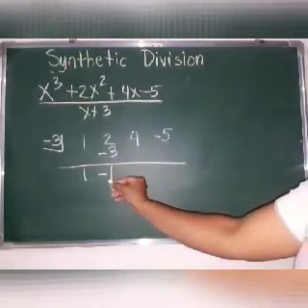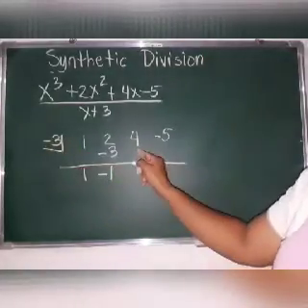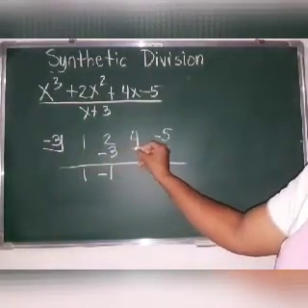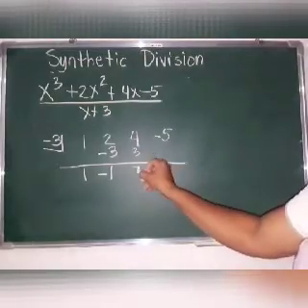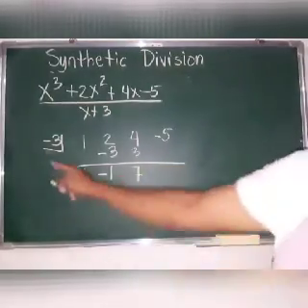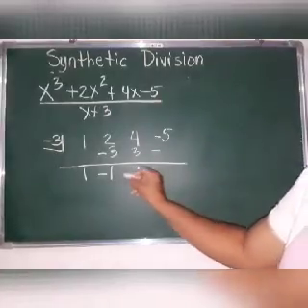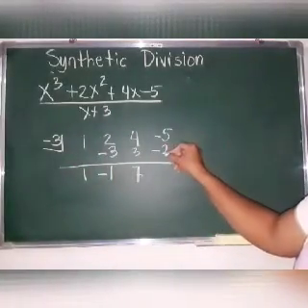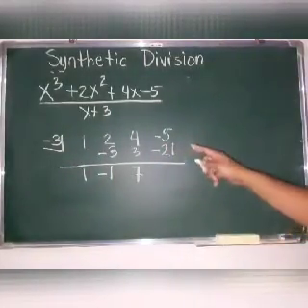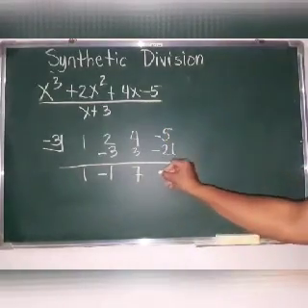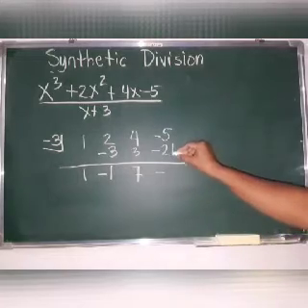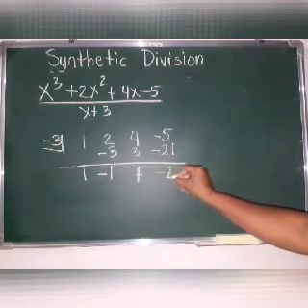Next, negative times negative, positive. 1 times 3 is 3. Then, 4 plus 3, 7. Then, positive times negative is negative. 7 times 3 is 21. And of course, if we have the same sign, copy the sign and then add the number. 21 plus 5, we have 26.